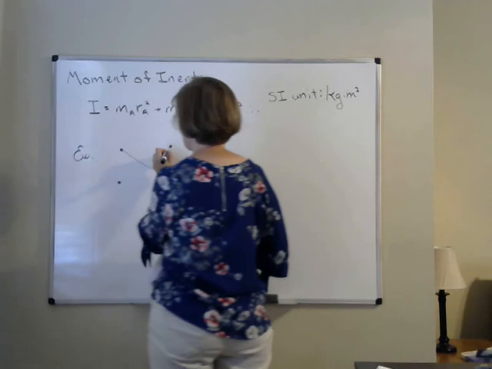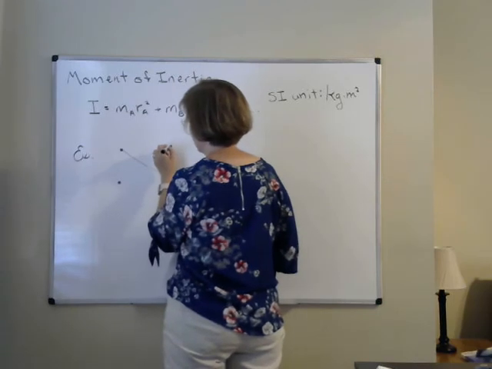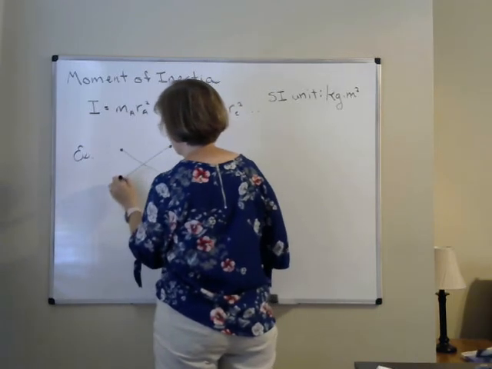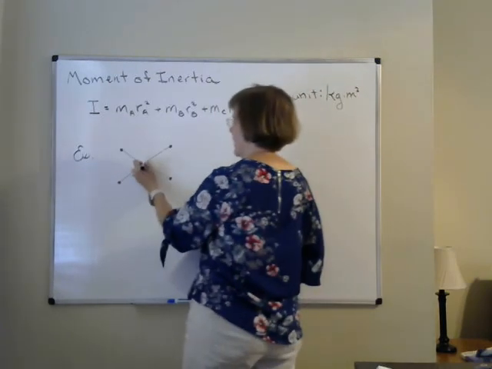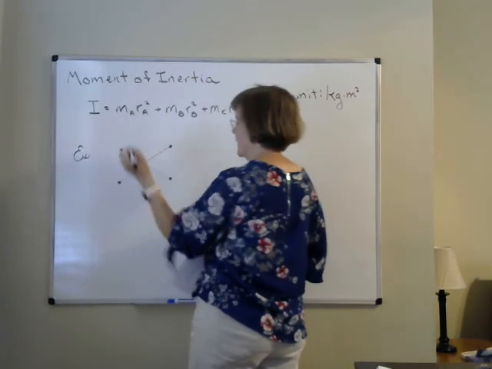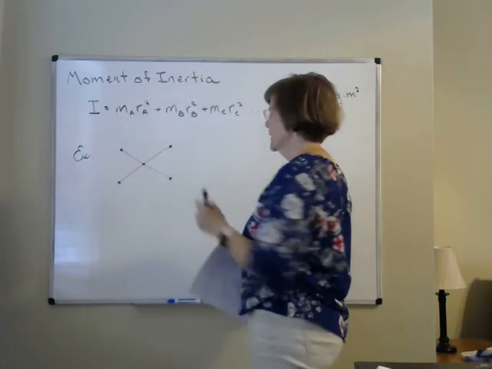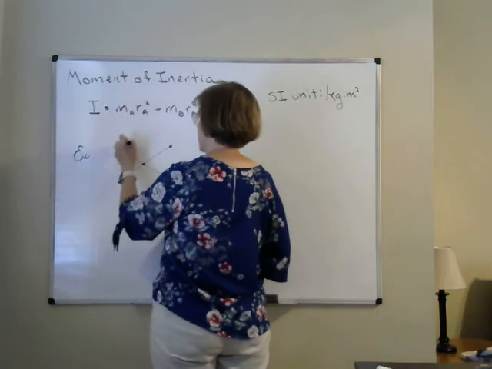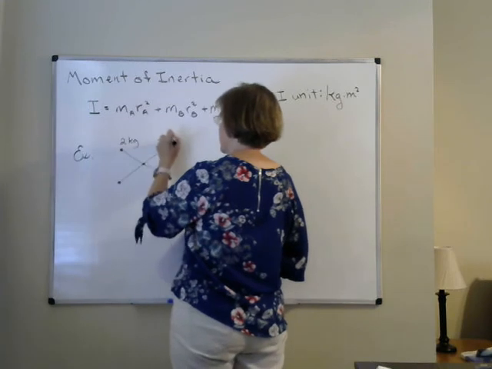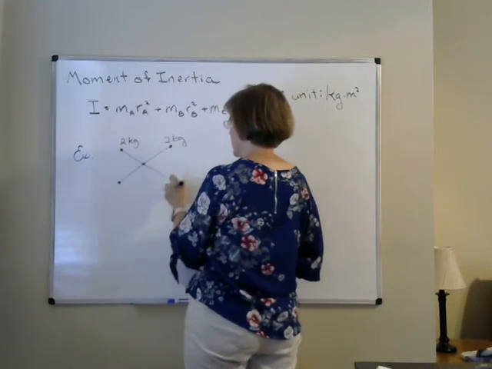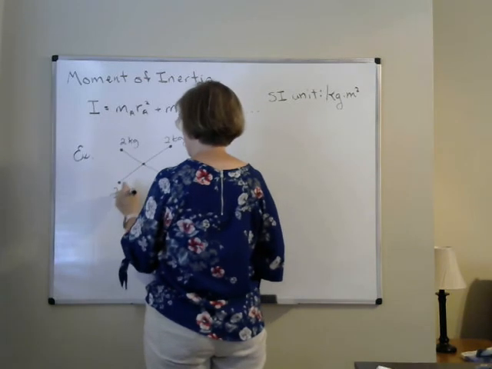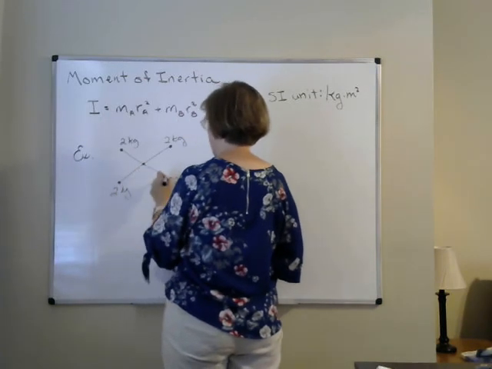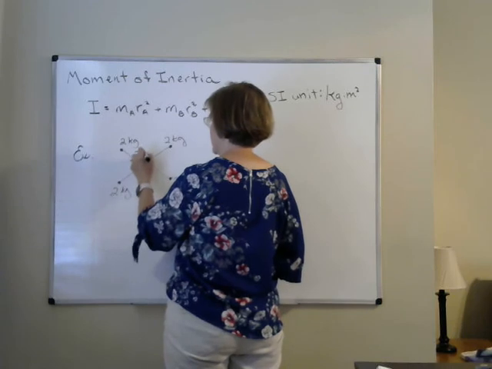And the reason this is a thin light rod is we don't really want to worry about the moment of inertia for this rod. And they are going to rotate about an axis right there that points out of the board. So I'm going to let this be 2 kilograms, 2 kilograms, 2 kilograms, 2 kilograms. I'll make it nice and easy. And each one of these is 3 meters.